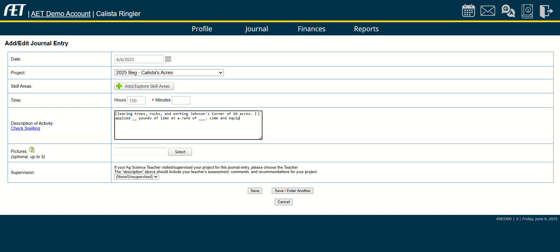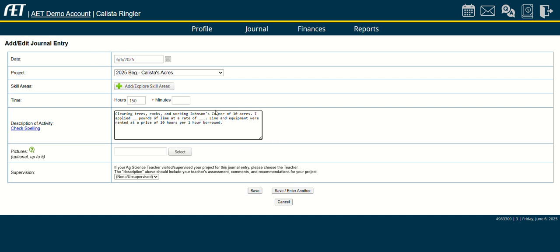Lime and equipment were rented at a price of 10 hours per 1 hour borrowed. Okay, and so this is how I got permission to take ownership of that land in this scenario.